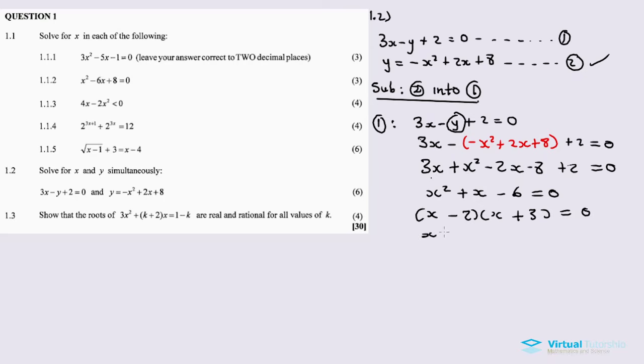So x equals positive 2 or x equals negative 3.